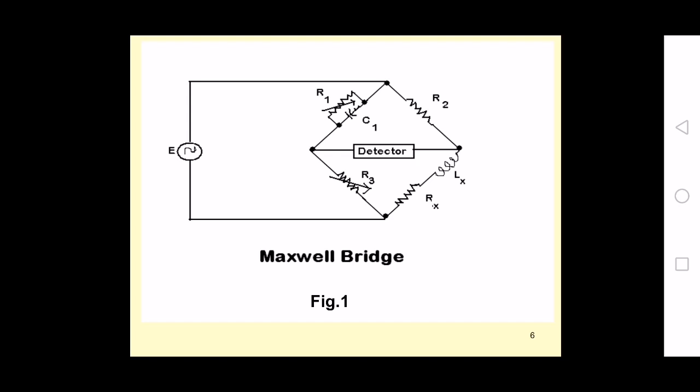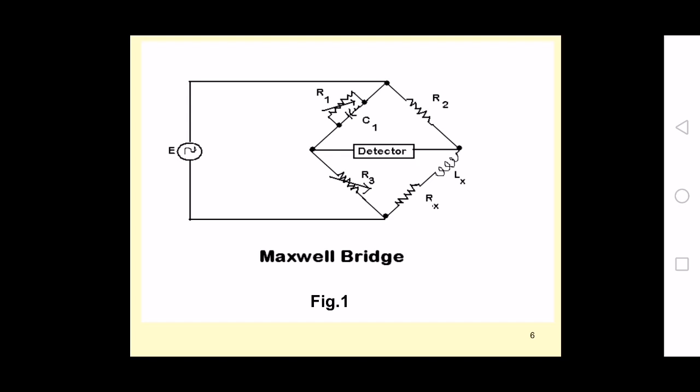In the diagram, between the detector you have A and C, and between the electric supply B and D. So the condition for bridge balance requires that the potential difference between the detector terminals A and C be 0.